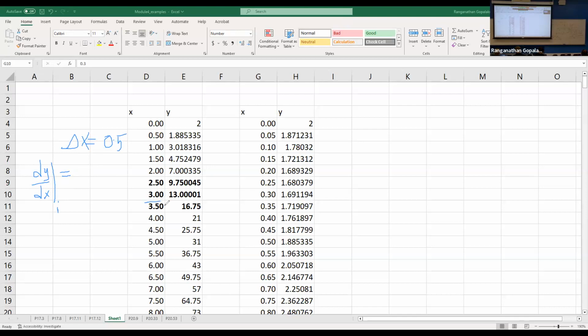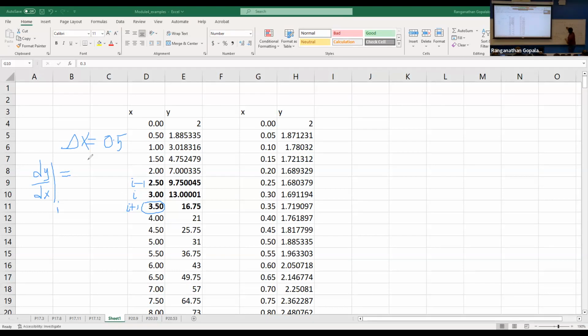You want to compute dy by dx at i, and the formula involves the first neighbors, i plus 1 and i minus 1. If you are in the exam and you forget the formula, what is your starting point? Always this equation.